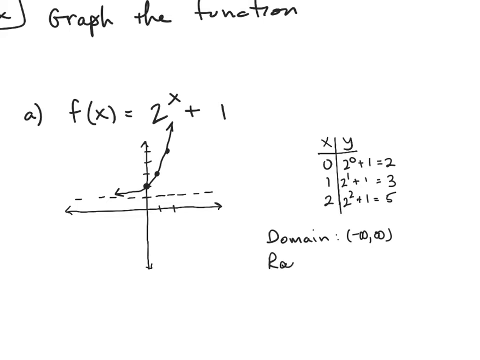Now the range, if we're looking at the y-axis, does go up to positive infinity, but as far as the lowest bound, it approaches 1. The graph's y values get closer and closer to the line y equals 1, but never actually equal 1. And so the way we write this, since there's an asymptote at 1, it's from 1 to infinity, not including 1, so we put a parenthesis there.